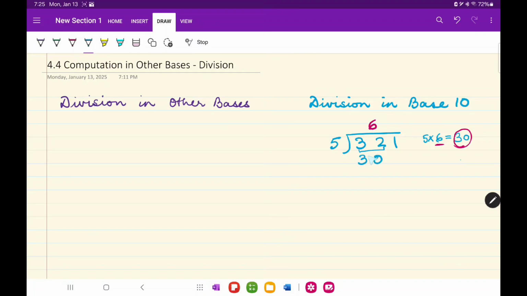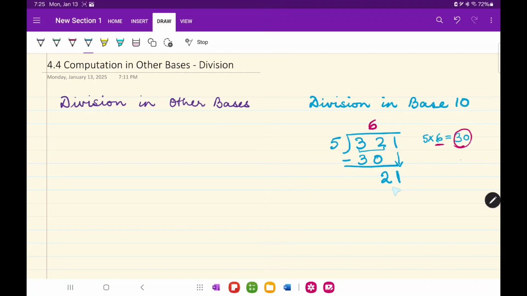Then we subtract the two values. So 2 minus 0 is 2, 3 minus 3 is 0. The next step is to bring down the 1 and write it beside the 2 to get 21.